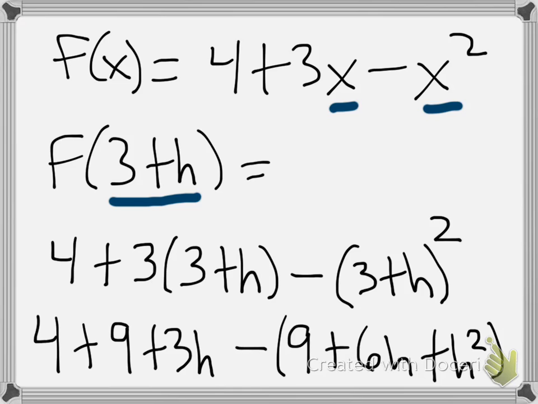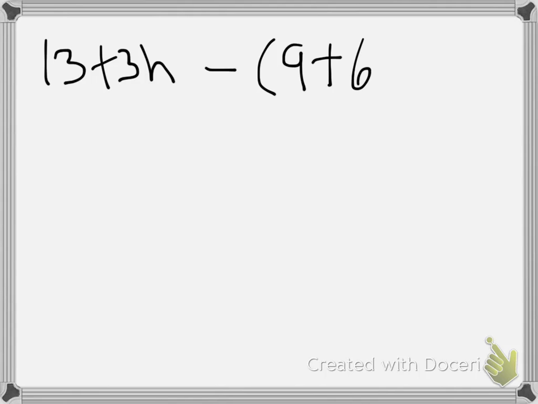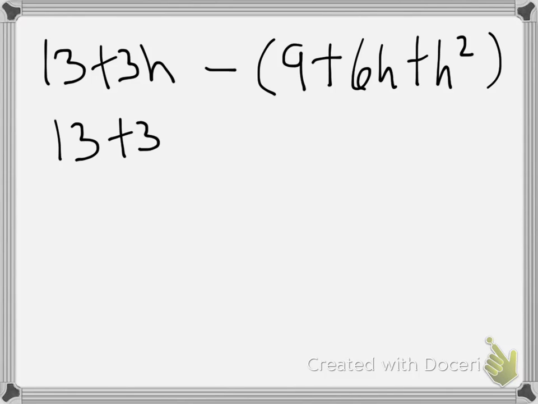Now I've got 13 plus 3h minus 9 plus 6h plus h squared. So now I'll distribute that negative. The 13 just came from 9 plus 4.